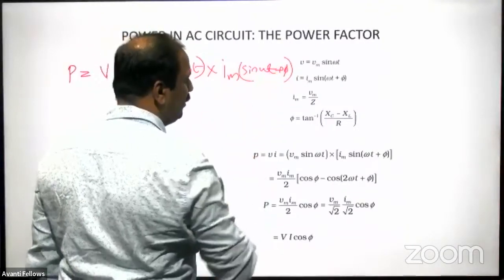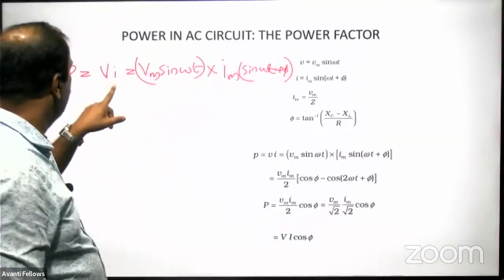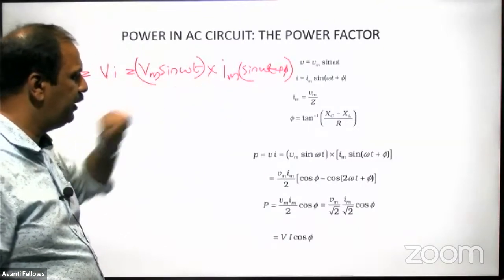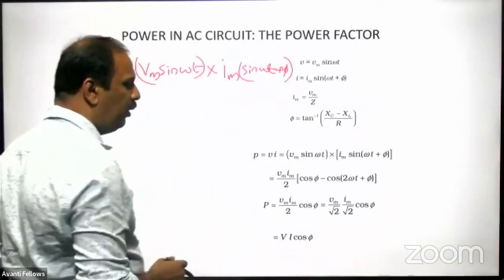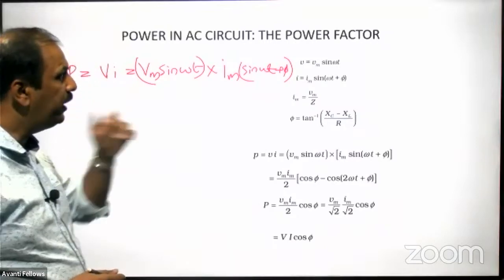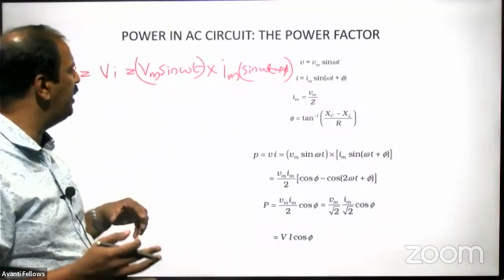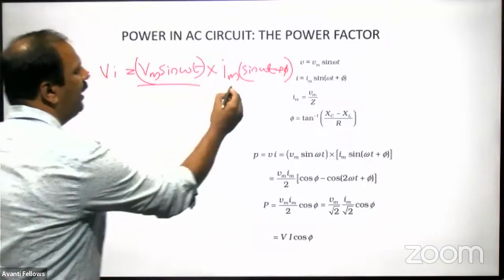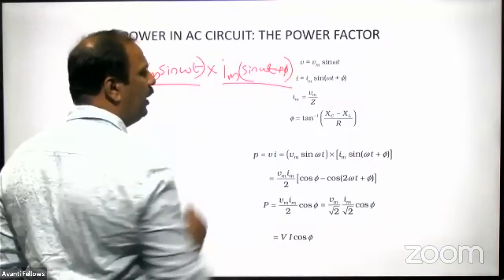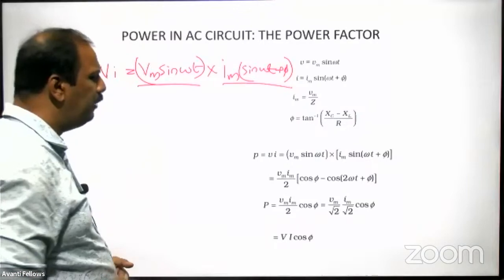Okay, the power is V into I, like this. We can write it like this. This phi value, we don't know how much it is. Phi is the phase difference between voltage and current. V is this one and I is this one, and this phi value depends on whether it is a resistor, inductor, or LCR circuit; that will be different.